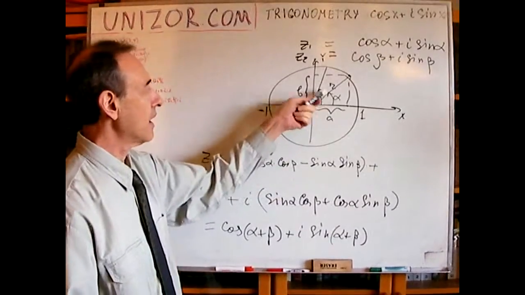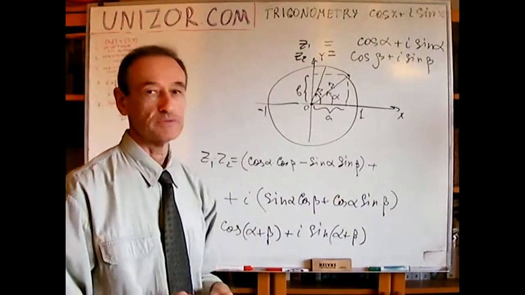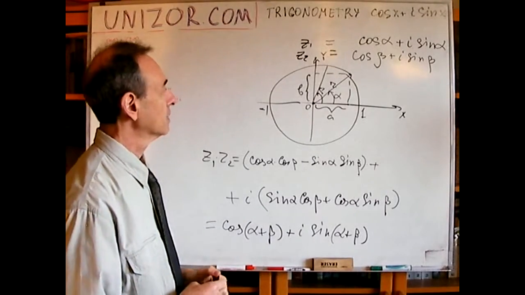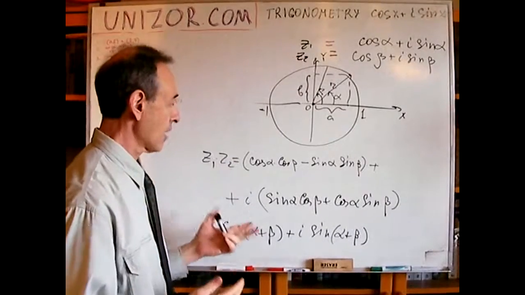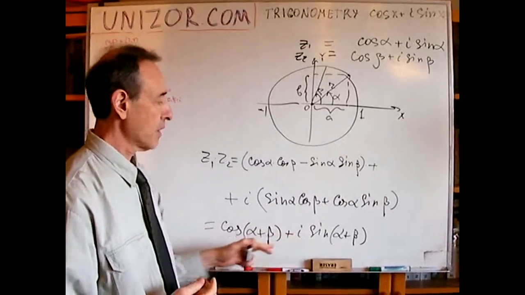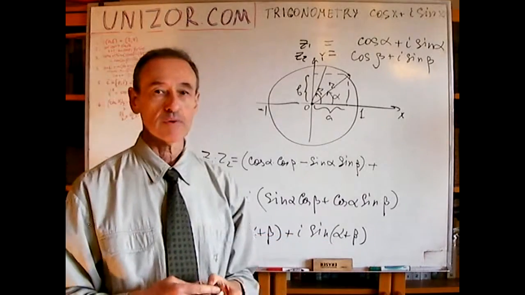When you multiply two numbers with a modulus of 1 and angles alpha and beta, you get another number which is also of modulus 1, and the angles are the sum of these angles.